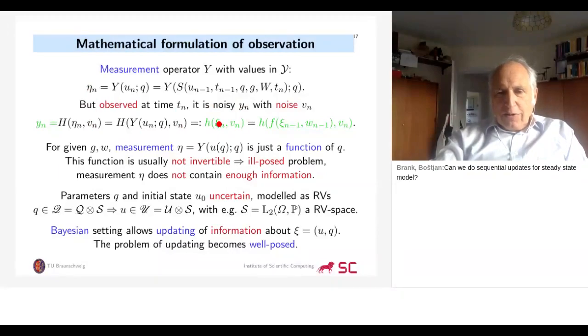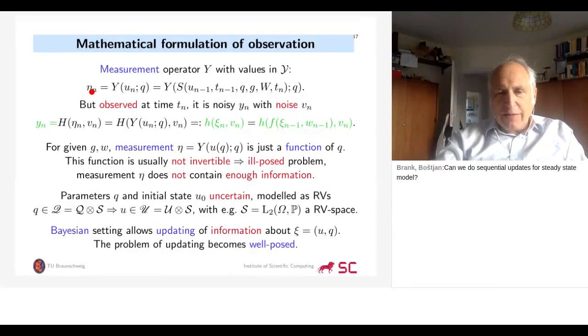So we know now, having xi, the extended state, we can predict what the observation is in a probabilistic sense, because this is a random variable. What we really want now, the inverse problem, is the opposite.